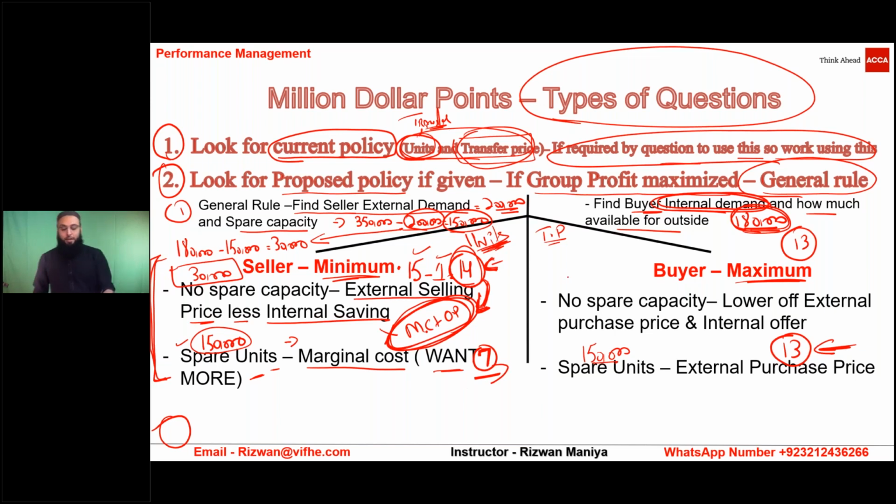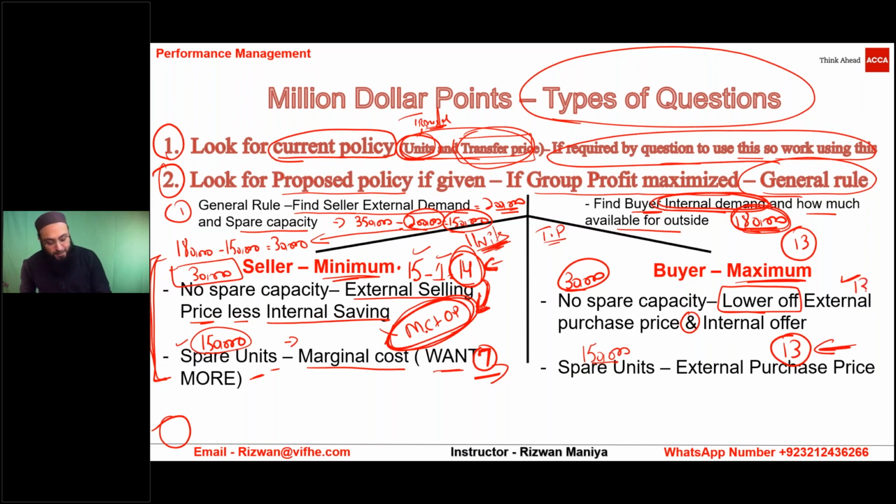Now, the units which are not spare are 30,000, right? So the maximum for the buyer will be, this is not written in any book, I'm telling you, the lower of the external purchase price and the internal offer. Tell me, what will be the maximum for the buyer now?